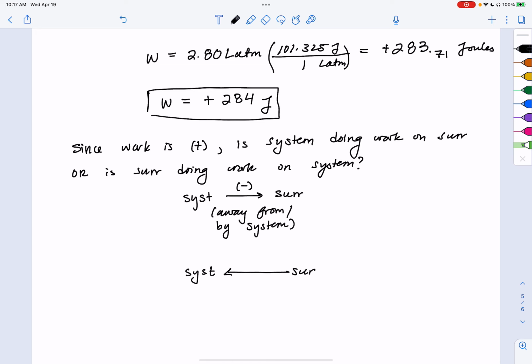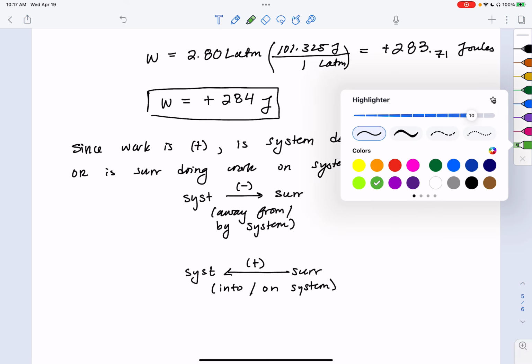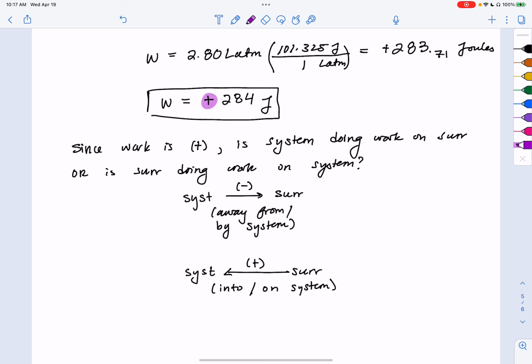so the surroundings is doing something to our system, the system is taking it in, right? Positive. So this is into or done on the system. So based on just the sign of our work alone, we would predict that work is done on the system by the surroundings.